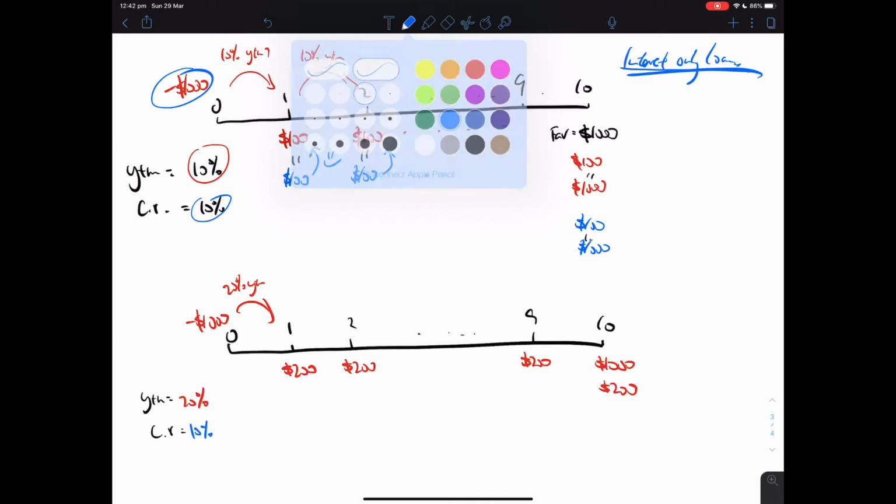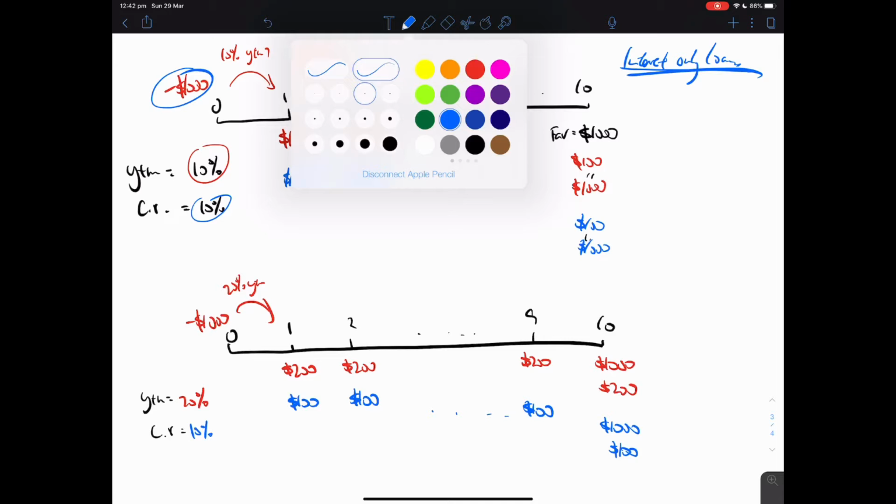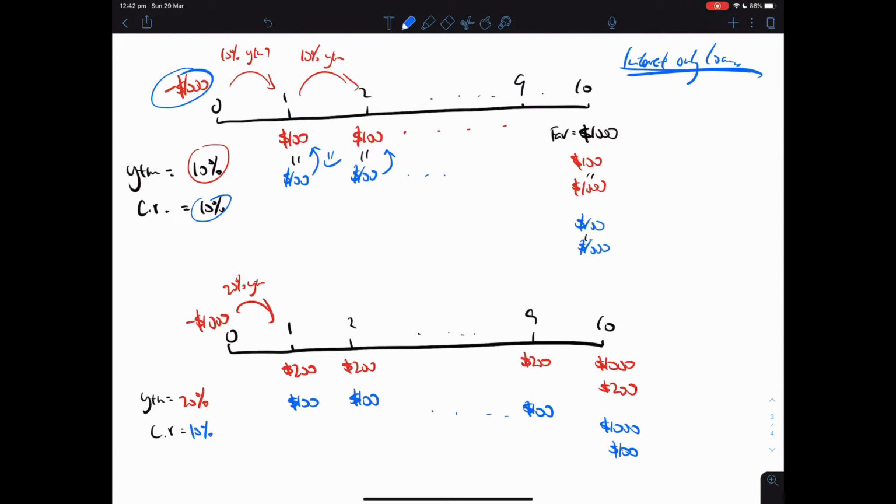But what does this coupon paying bond give you? Coupon paying bond gives you 100, 100, 100, and 1,100. So if you make a comparison between what you want as a red writing, yield to maturity, right? You want 200, 200, 200, 200, and 1,200. But the coupon paying bond only gives you 100, 100, 100, 1,100.